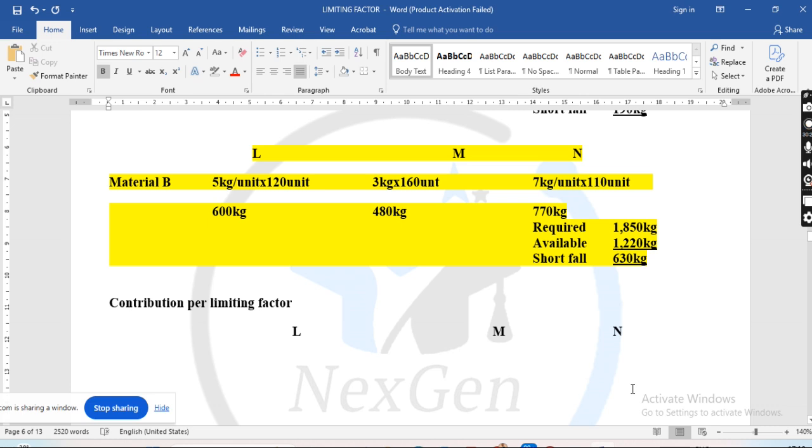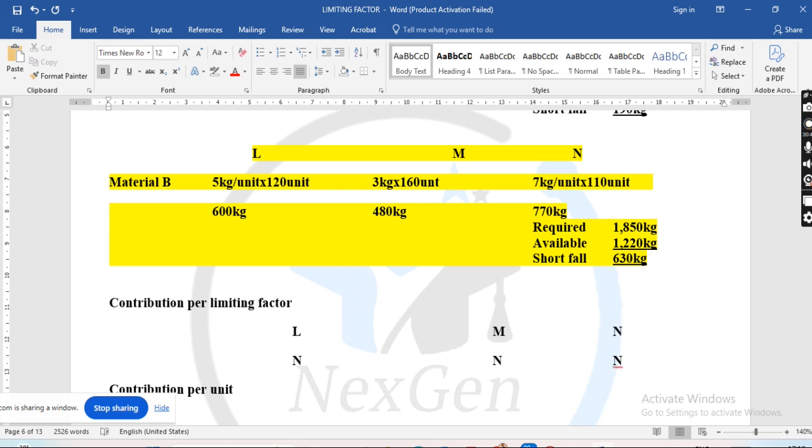Are we still together? So now contribution per unit is given to us in this question. We'll just say contribution per unit. Your naira sign is very important, right? So give me a figure.